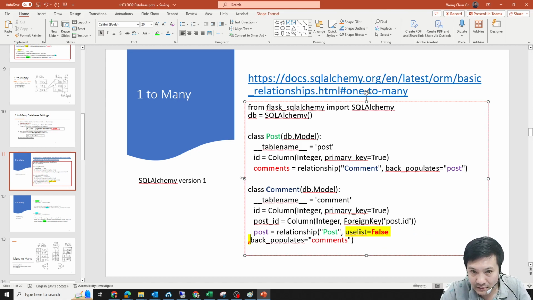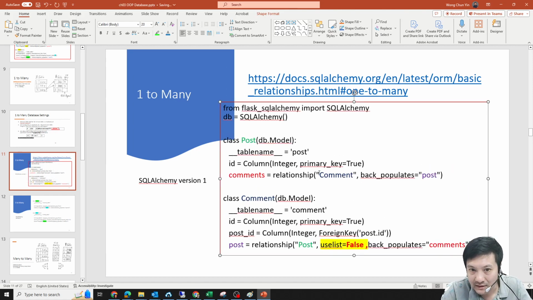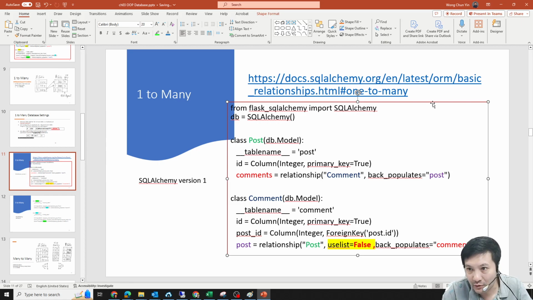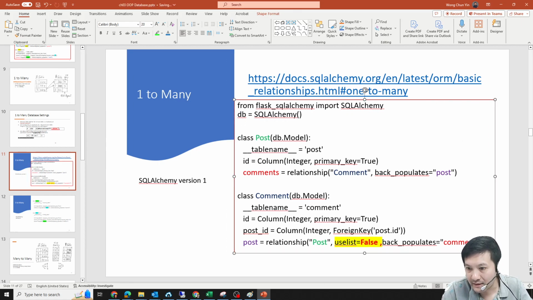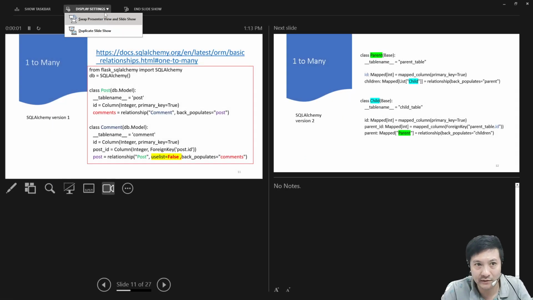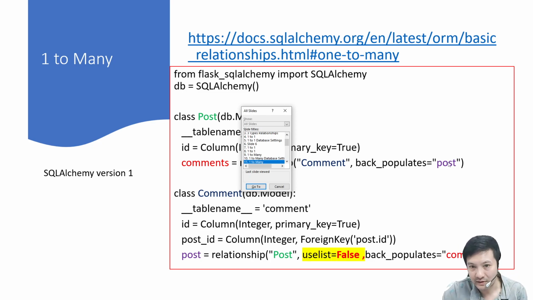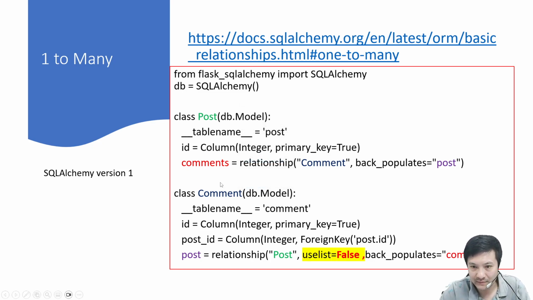You just need to do something very similar. You need to have a reverse direction, since for a blog post you have comments. A comment is only related to a single post, and the reverse direction is a list. You need to have this condition for the comment and post.